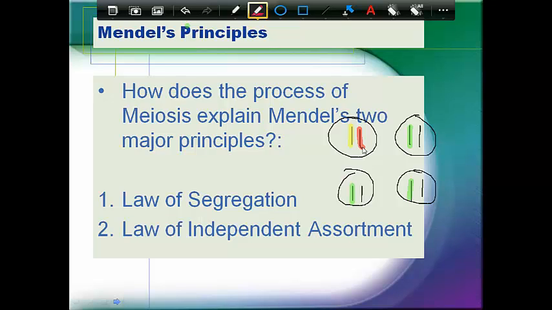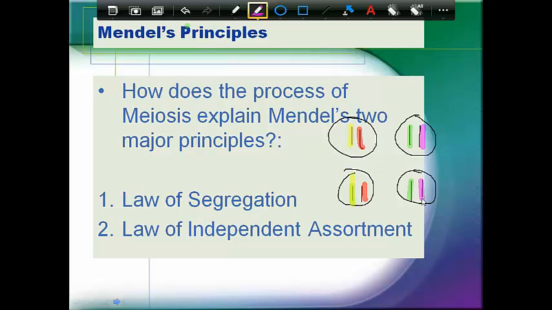Here was another homologous pair. Oops, this guy is supposed to be yellow. There's a yellow one. Okay, and my pink. Those colors kind of match, so hopefully you can remember those are a homologous pair. So we ended meiosis in this case with yellow and red and green and pink.